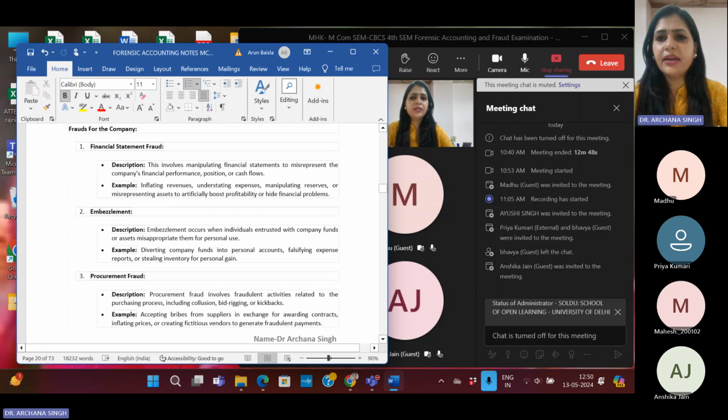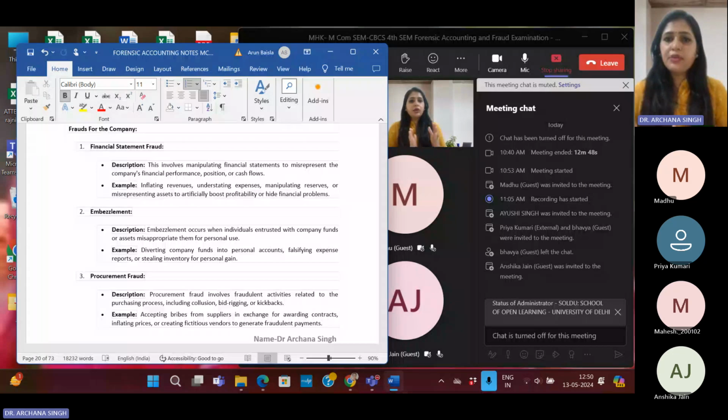Financial statement fraud can happen in the financial position and cash flows. While doing financial statement fraud, they are wrongly showing or manipulating the financial statements. That is, wrongly showing the financial performance of the company, wrongly showing the inflow and outflow of cash.